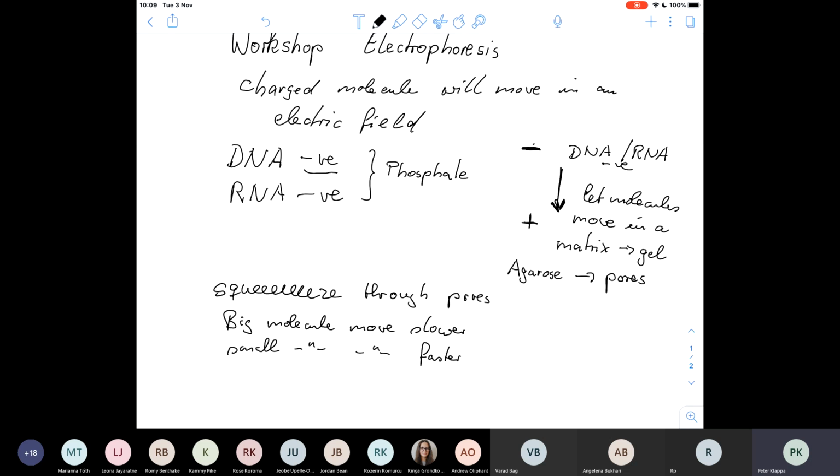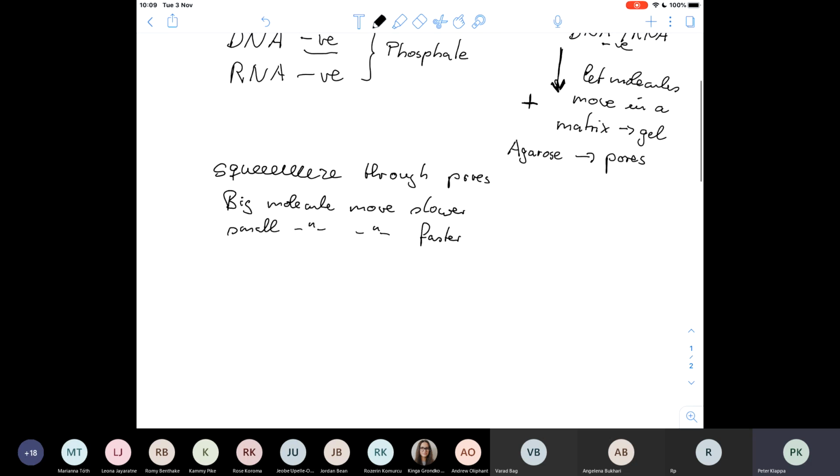So when we stop the whole process, and then visualize the DNA or RNA, what we will find is, so here is our starting point. That's the start block.